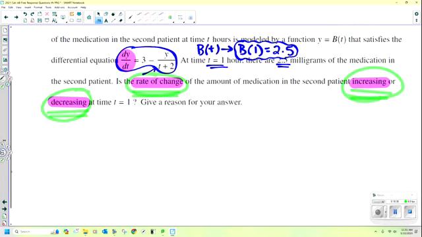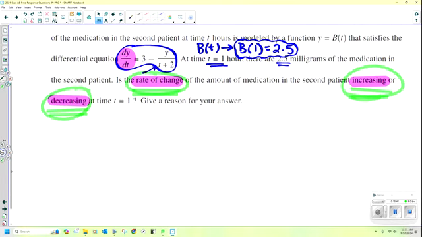All right, so the first thing we need to do is look at dy/dt at time equals 1.